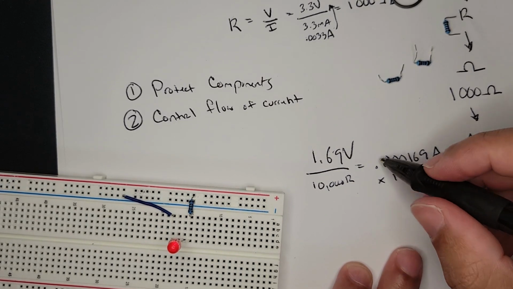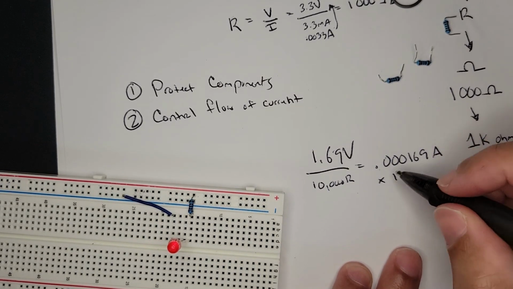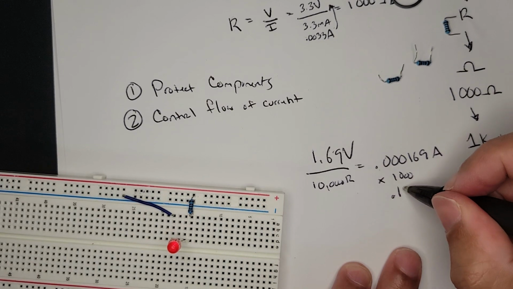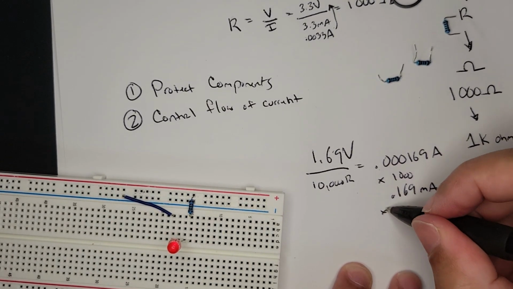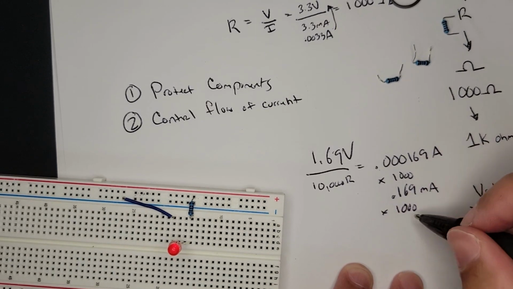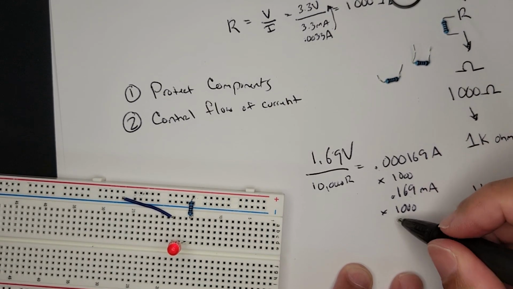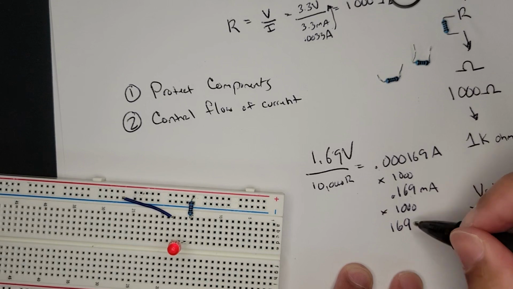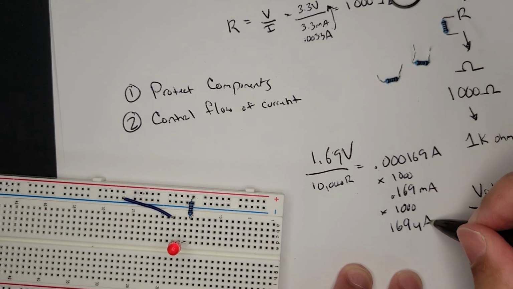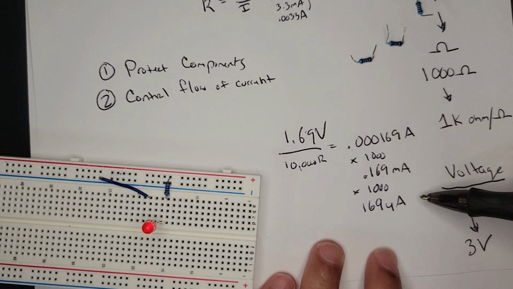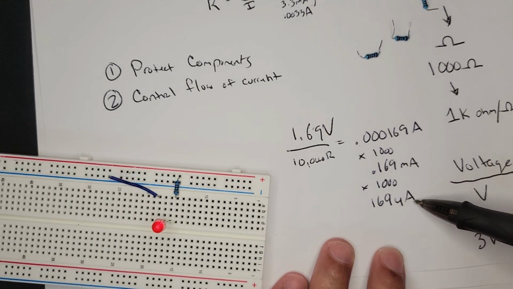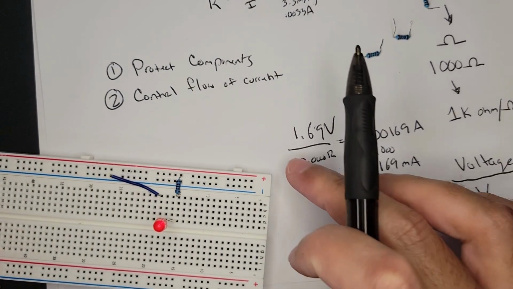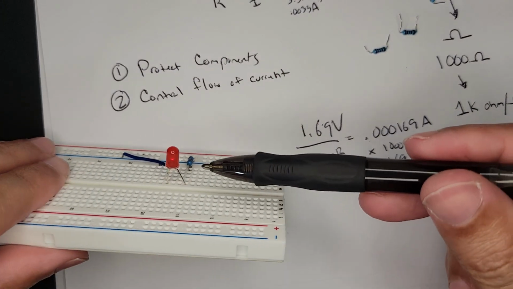Then we get 0.169 milliamps. And if we multiply by 1,000 one more time, we get 169 what we'll call microamps, which is just a smaller value. So our 10K is running 169 microamps, which is almost nothing. And that's why the LED is super dim.